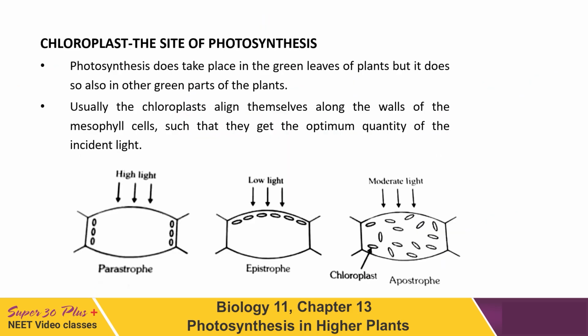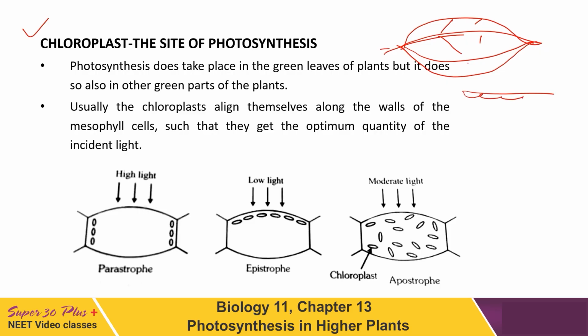Now we have to talk about the chloroplast. You know, the site of photosynthesis is chloroplast. You are familiar with this. Let us take an example here. This is a leaf here. You know, if I make this dorsoventral leaf, this is the midvein here. If we cut a section of this, this is upper epidermis, and that one is lower epidermis.